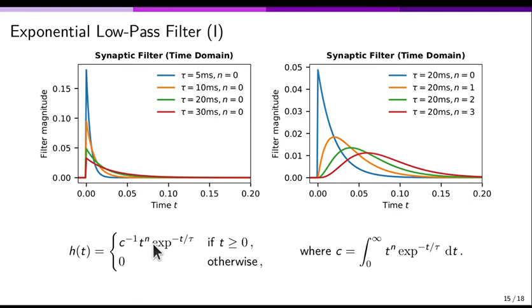Most of the time we could set that to 0. So n is 0, which means this term turns into 1, it goes away, and we just end up with this. If we vary our time constant, we can get these different curves. The red line would be one with a long time constant, 30 milliseconds. The blue one would be a faster time constant, it'll decay away. So that's how changing tau works.